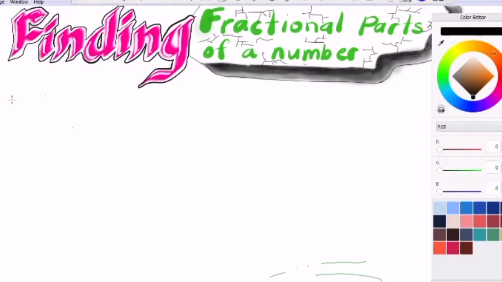Let us now look at a worded problem. Remember, we are trying to find the fractional parts of a number or a set of objects. Our first scenario says Kevin has 6 puppies. So we know that Kevin has 6 puppies.